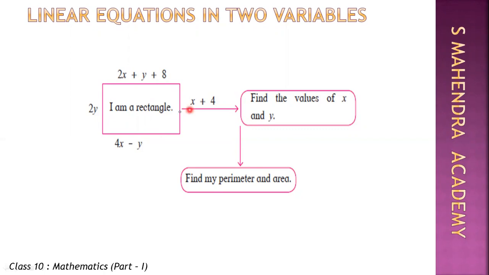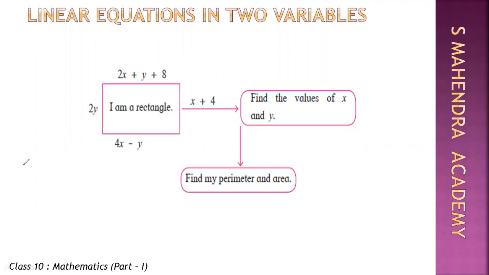Here one side of the rectangle is 2x plus y plus 8 and the other side is 4x minus 1. The smaller sides are represented by 2y and x plus 4. But we know that the opposite sides of the rectangle are equal.